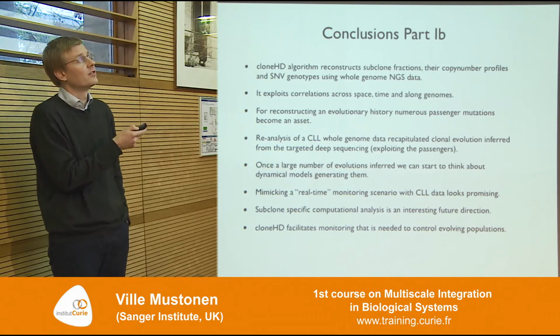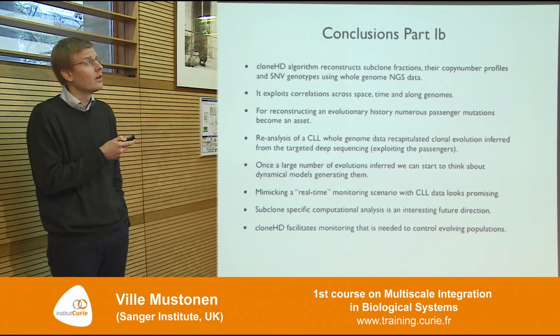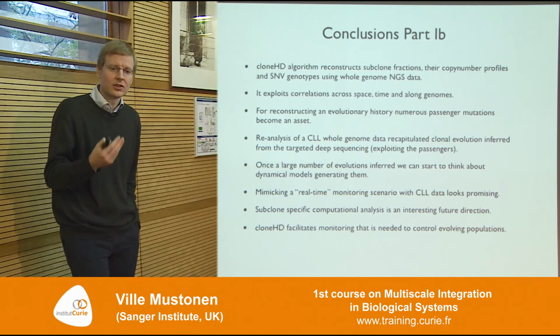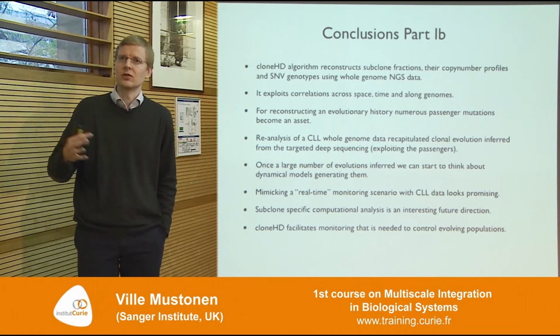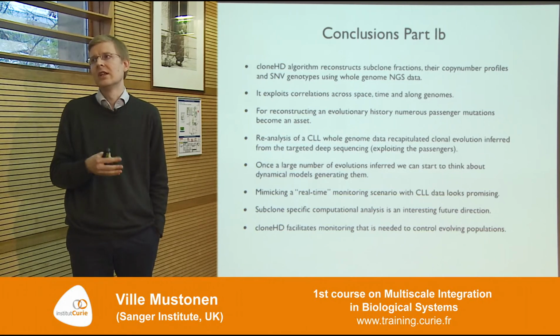And this reanalysis of CLL whole genome data recapitulated the clonal evolution that the people who generated the data found out by targeted deep sequencing. And I mentioned this already, once we have a large number of such evolutions, then I think it's the right time to start to parameterize those models and understand what kind of fitness landscape is consistent with that evolution.